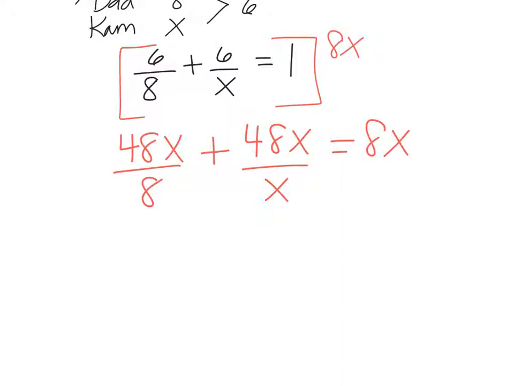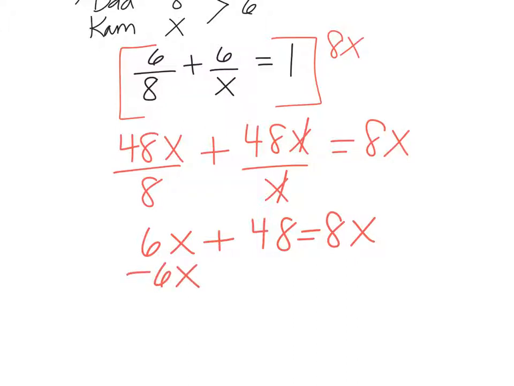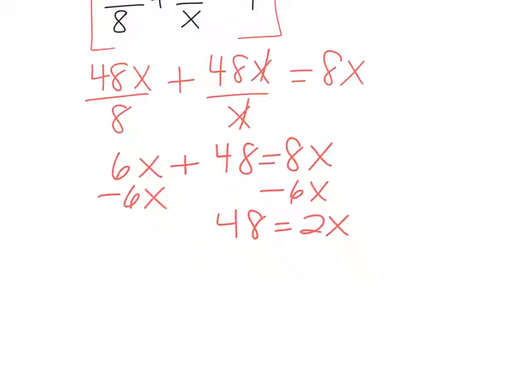Okay, so 48x over 8 is what? 6x plus 48 equals 8x. Subtract 6x over to the other side. You guys are good at solving from here, I hope. 48 equals 2x. Wow, it would take Cameron 24 hours working by herself to paint that room.